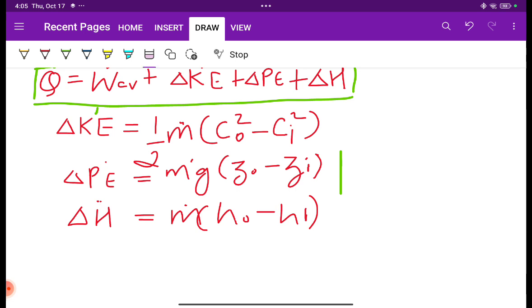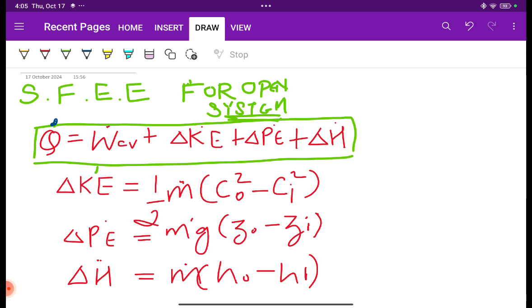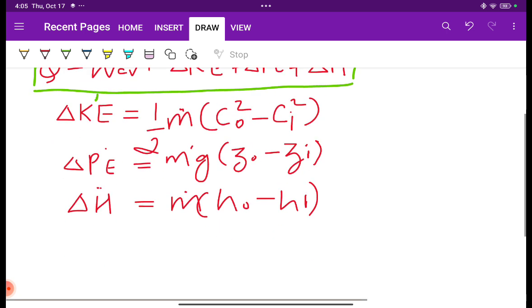And the rate of enthalpy interaction is given by the rate of mass interaction into the enthalpy at output minus the enthalpy at input. So this is the general steady flow energy equation for the open system.